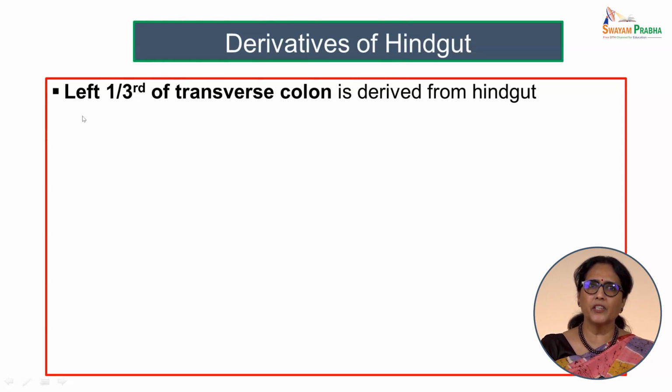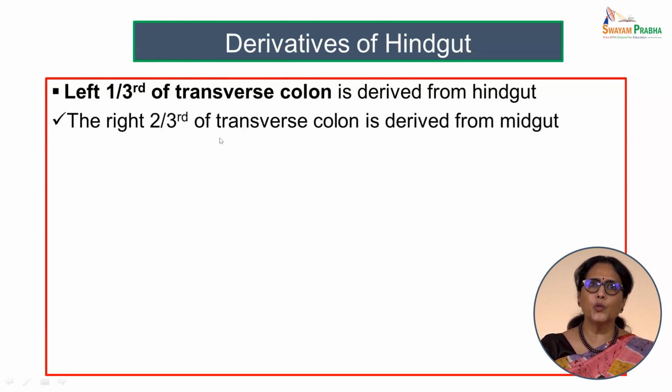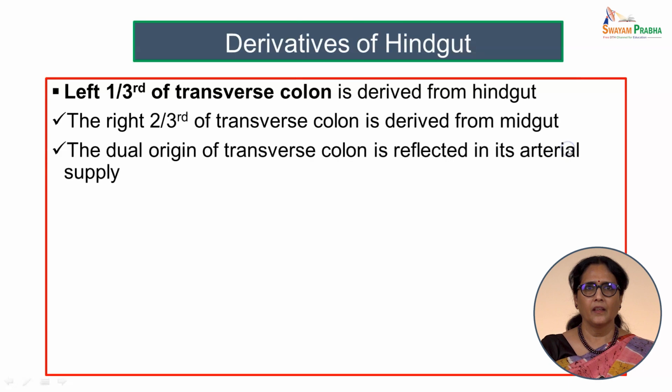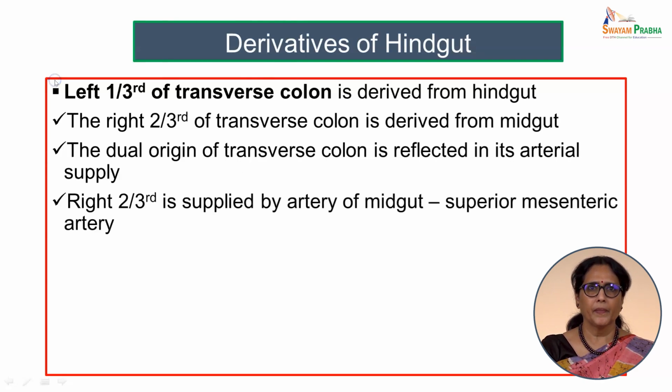The first derivative is the left one-third of transverse colon. The right two-thirds of transverse colon, however, is derived from the midgut. The dual origin of transverse colon is reflected in its arterial supply.